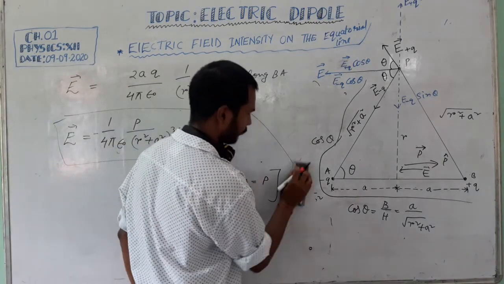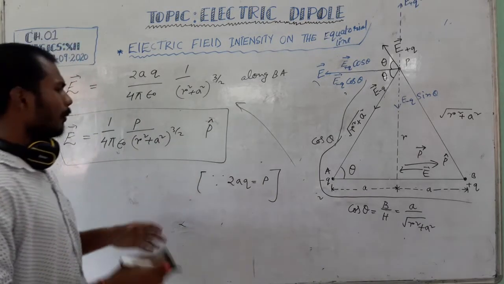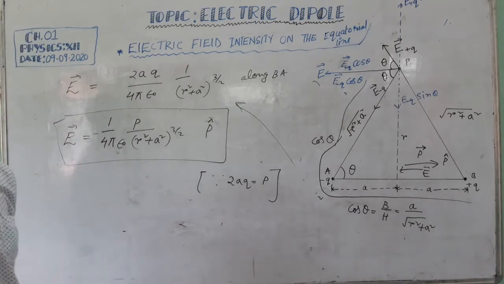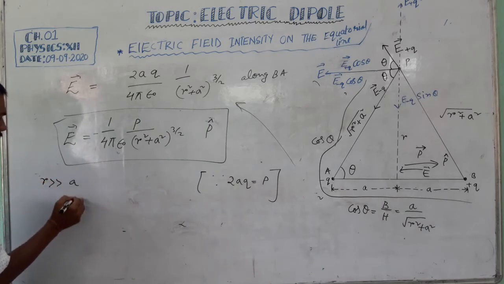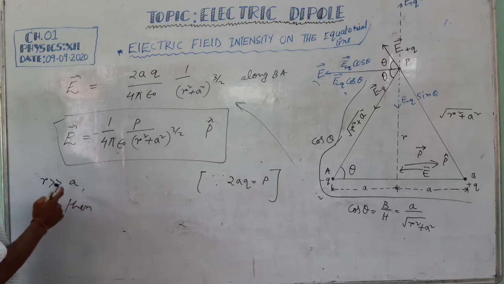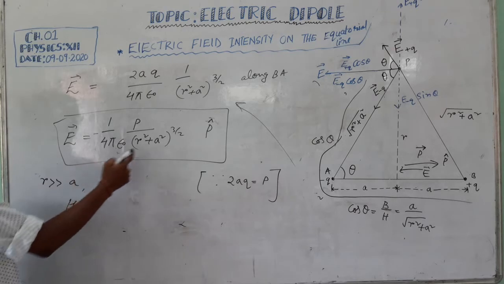Now next, say for example the dipole is very small. What will be the formula? If r is very much greater than a, then use this in this equation: a is neglected.